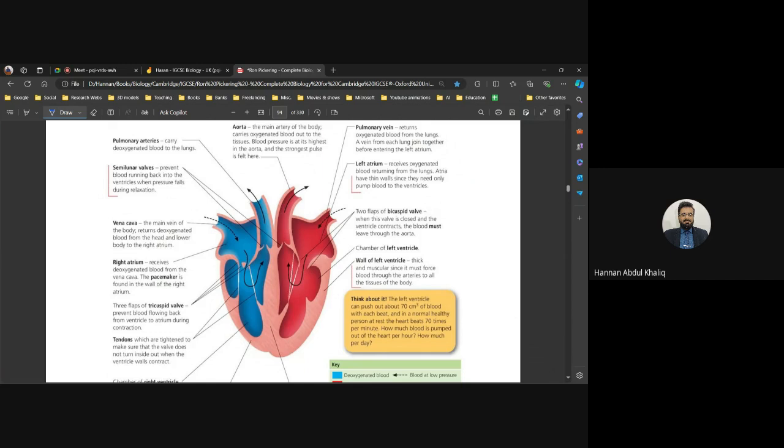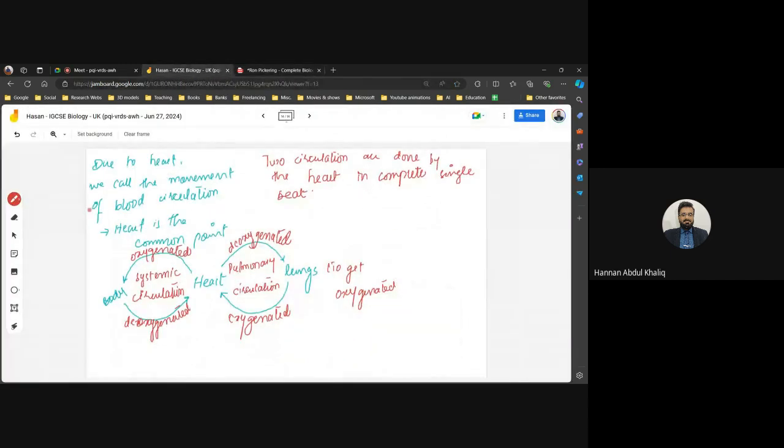The deoxygenated blood. One thing I need to mention, then I'll get to the misconception again. Always remember that the right side is dedicated to the deoxygenated blood, and the left side always possesses oxygenated blood.